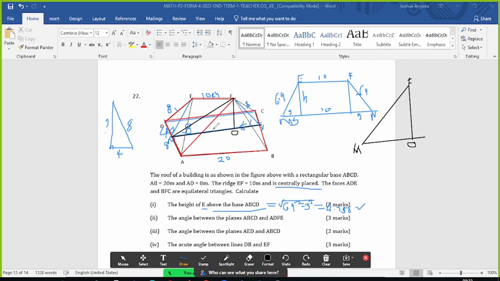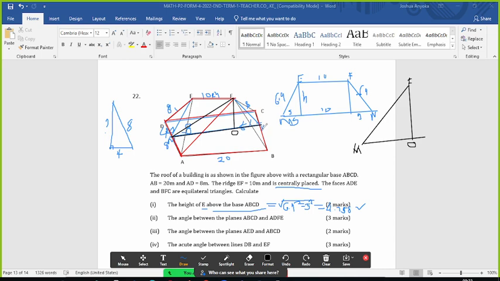We must identify the two planes. I have identified them using red. Then identify the common line for the two planes. The common line is AD. Then draw two lines, one on each plane. We have drawn line FM and line MN.